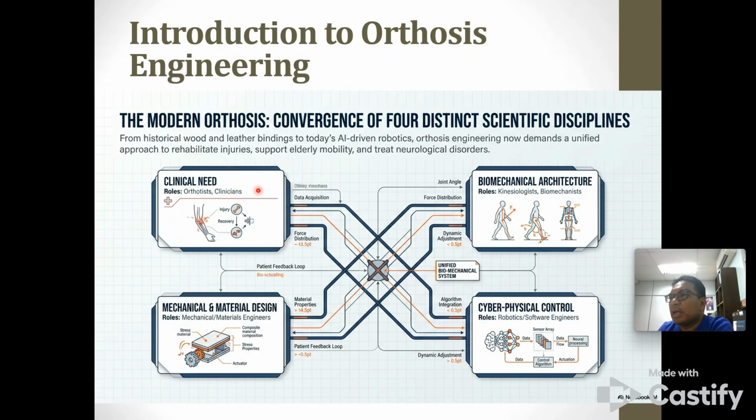When we have an injury, we go to the hospital, and the doctor checks what kind of injury it is and suggests the orthosis design. Or as engineers, we can collaborate with the medical side and come up with an orthosis device, designing it mechanically and choosing the right material to help the design.